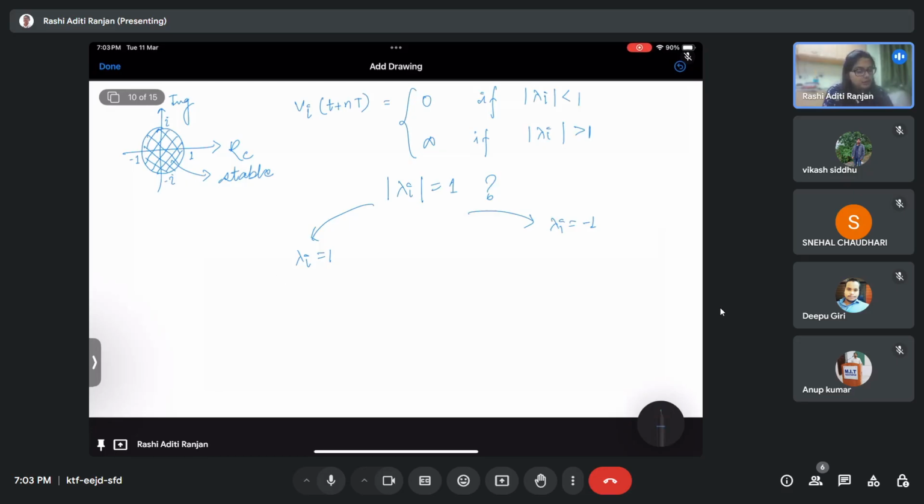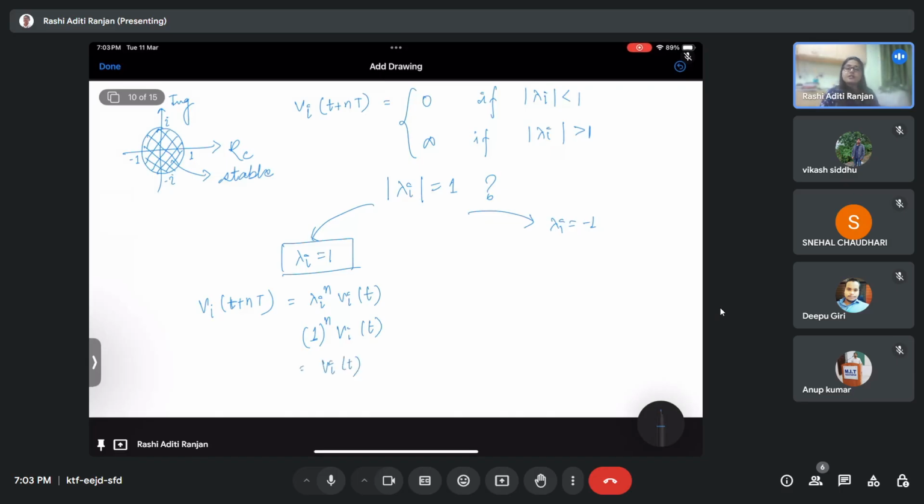So if you look at what happens when lambda i is 1, if you remember, what was the equation? The equation was Vi of t plus nT was equal to lambda i to the power n times Vi of t. My lambda is 1, so 1 to the power n. Any power of 1 is going to be what? 1 only.